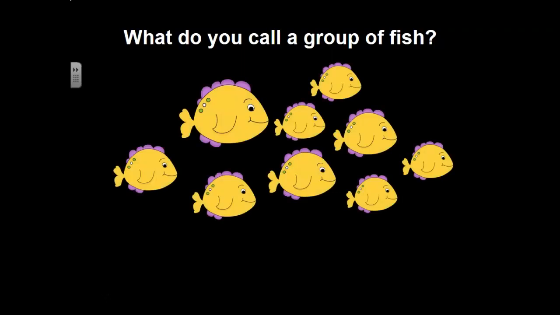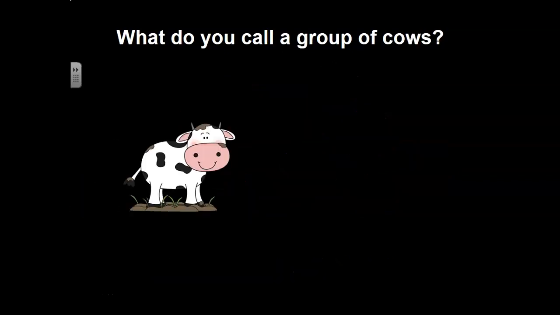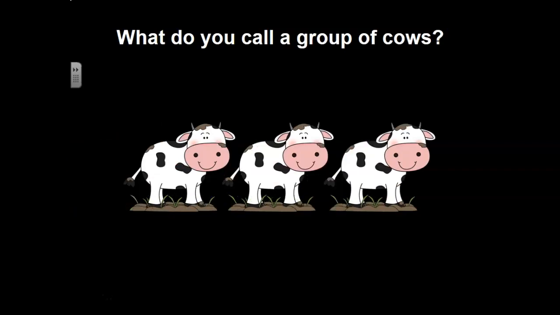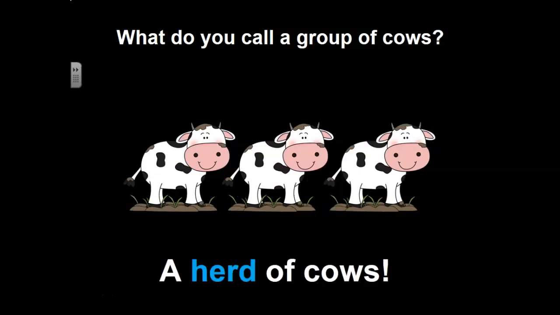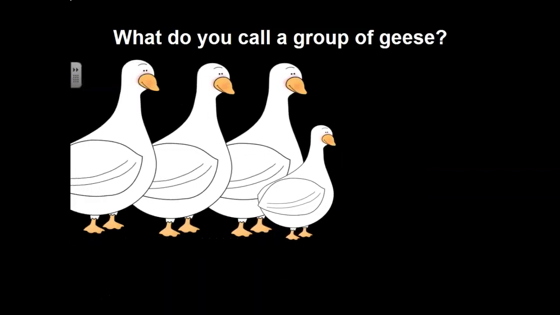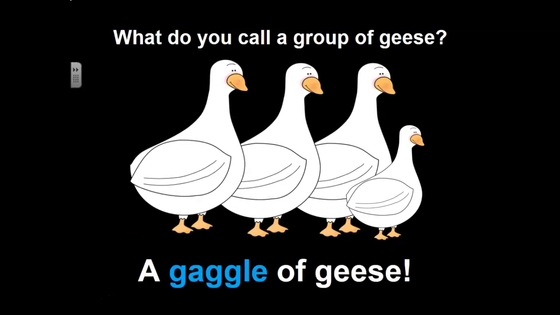What do you call a group of fish? A school of fish. What do you call a group of cows? A herd of cows. What do you call a group of geese? A gaggle of geese.